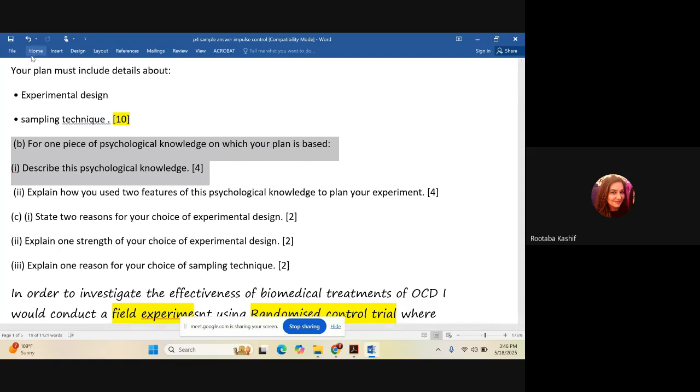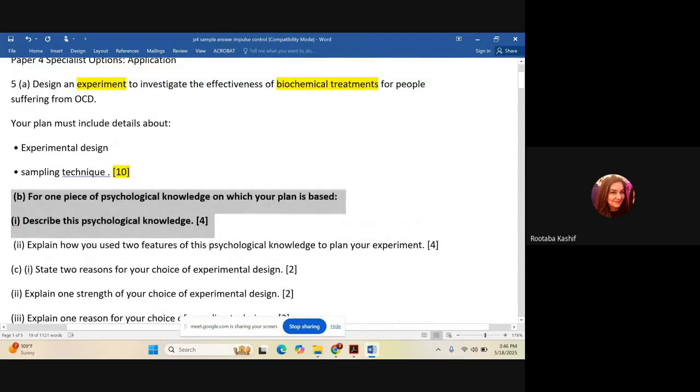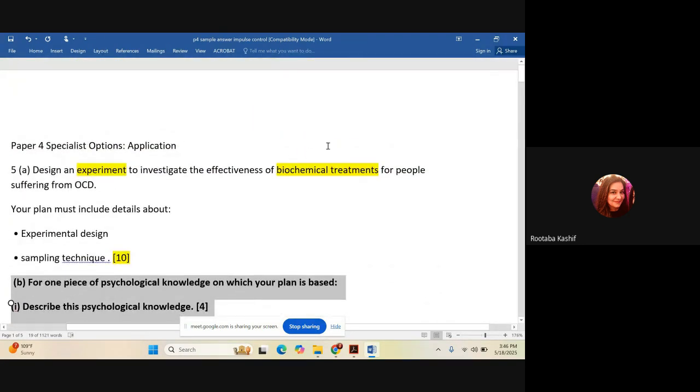Now, this question basically means that which research study or theory gave you the idea to design the study that you have designed in your part A. So when you talk about the psychological knowledge, you have to mention either an example study or a theory which has used, in this case, for example, the biochemical treatment, which is SSRI.